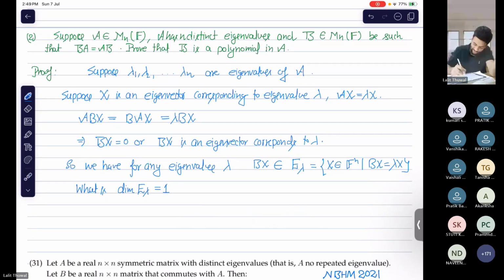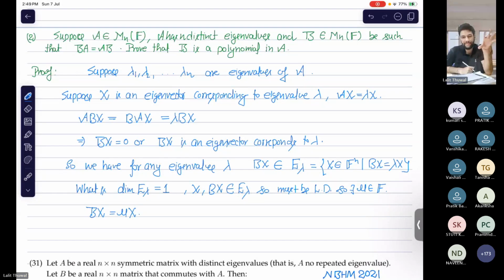So x and Bx must be linearly dependent, so they are scalar multiples of each other. So there exists a mu in your field F such that Bx is equal to mu x.